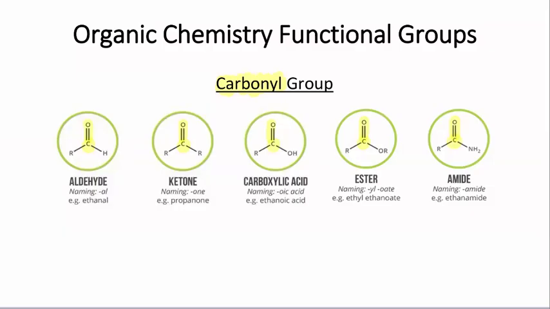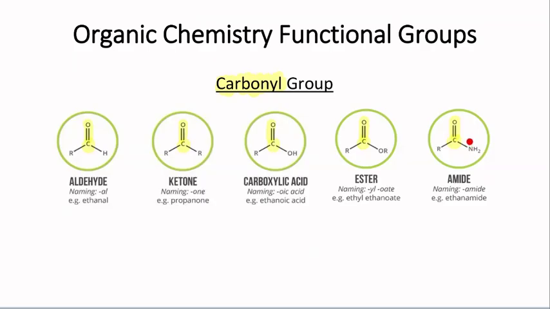Lastly, the last member of the carbonyl functional group is called an amide. When it comes to an amide, we're going to have a carbonyl group connected to nitrogen. It doesn't necessarily need to be NH2.